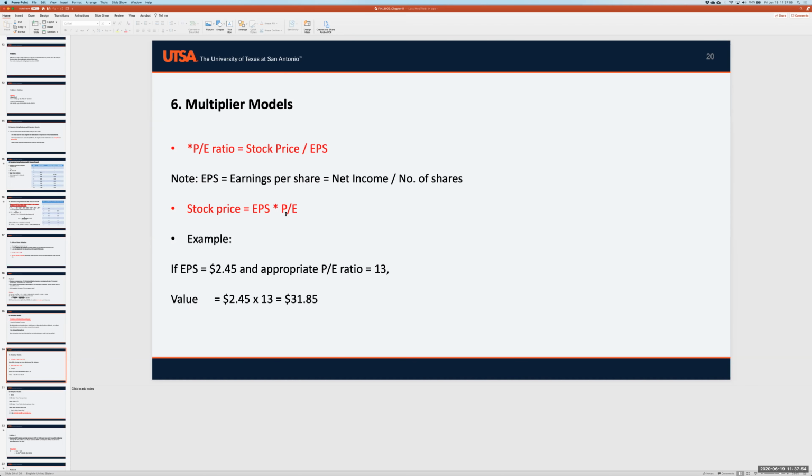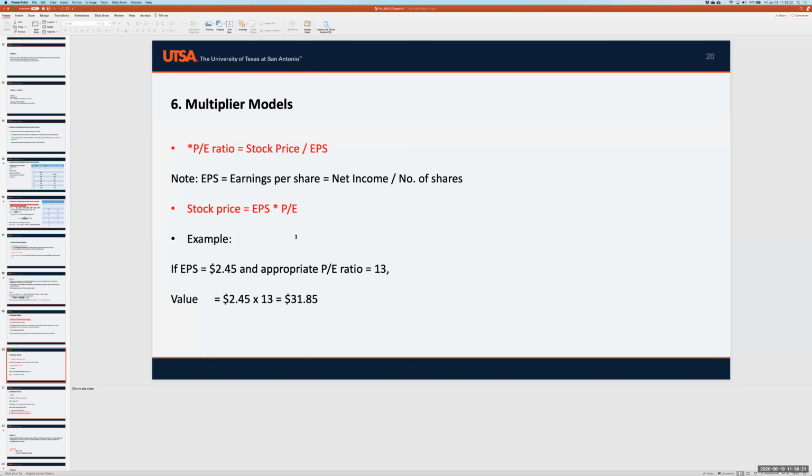What if you know this PE ratio? It may come from the industry average PE ratio, or a tech company located in the United States has the average PE ratio. You can just find this PE ratio by comparing other companies. Let's say you already know the PE ratios of Amazon, Alphabet, the Google company, Facebook, and other tech companies.